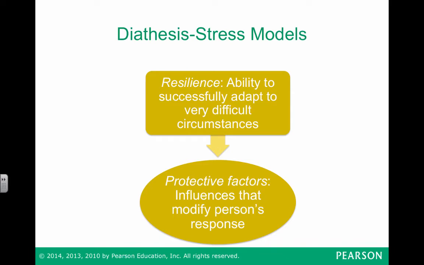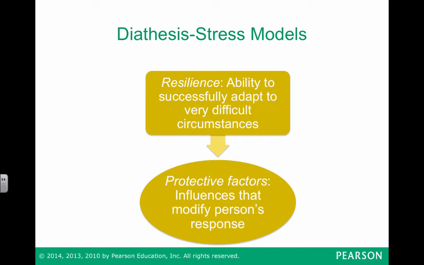Two terms also related to this are resilience and protective factors. Resilience is the ability to successfully adapt to very difficult circumstances. Think of a very resilient person. They bounce back, kind of like a rubber band or a rubber ball that would bounce back. Then we also have protective factors, and these are influences that may modify a person's response.